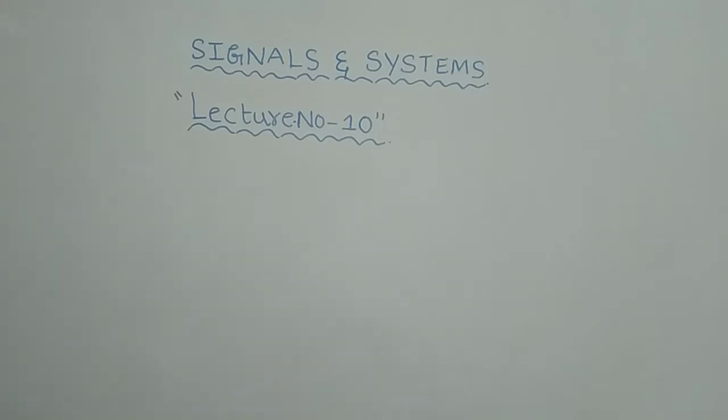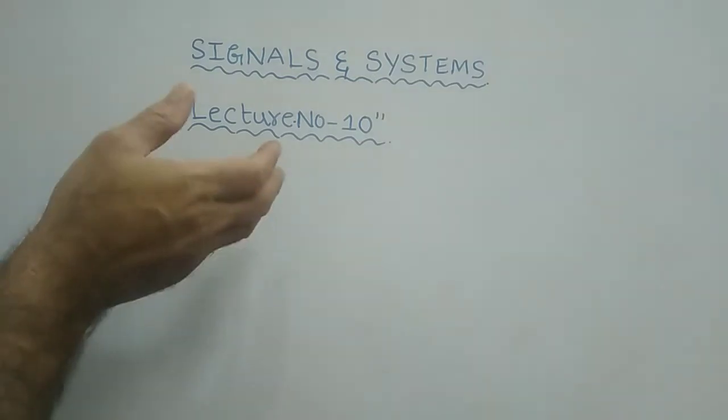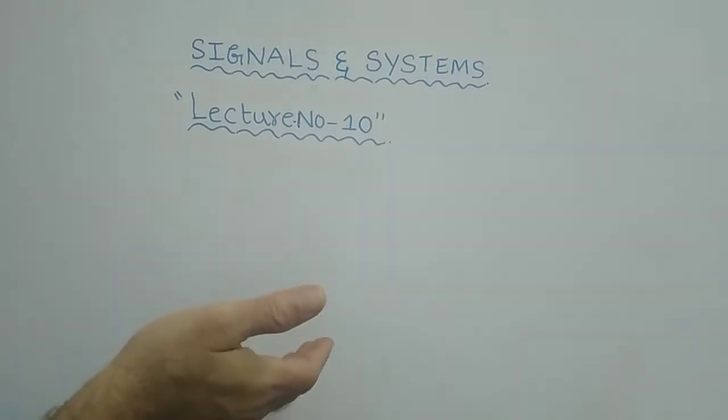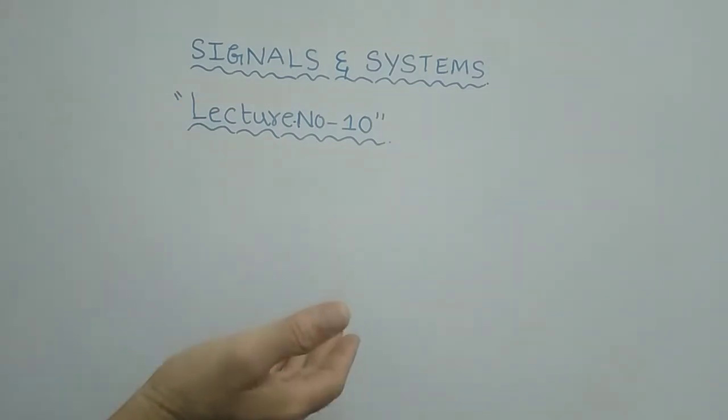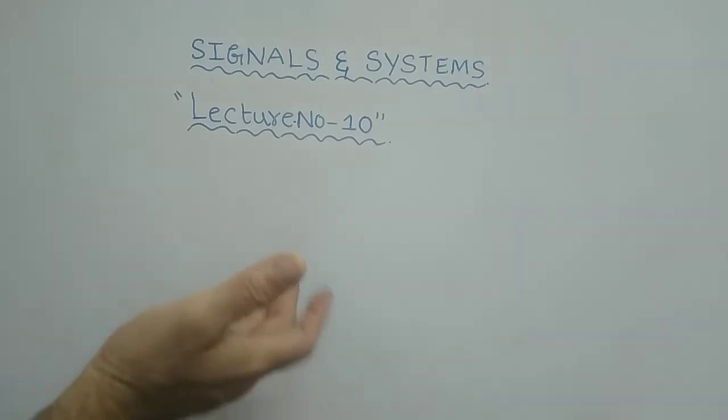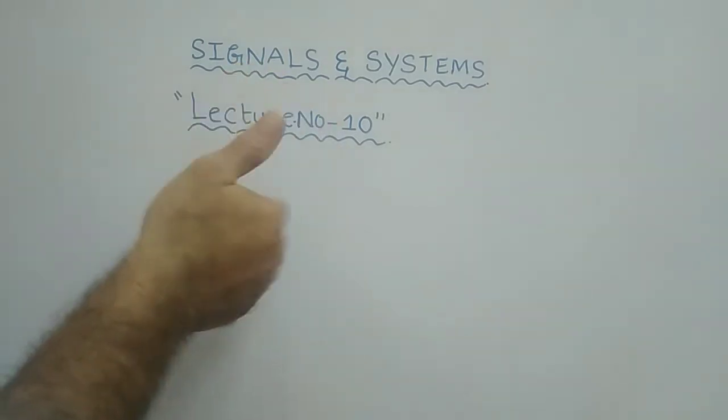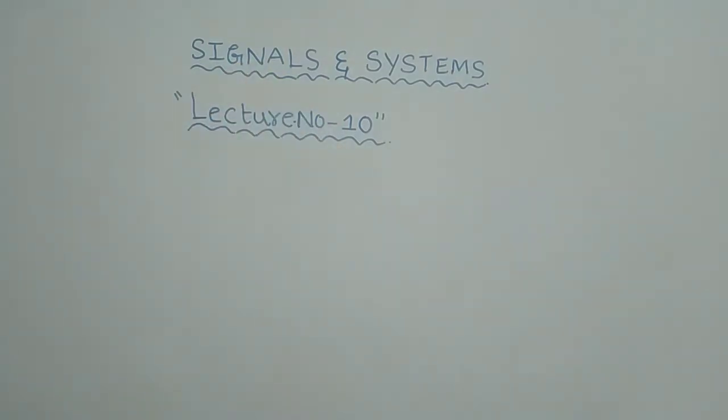You will be asked questions directly based on formulas, so you need to remember the important properties and definitions of the unit impulse function, which I already explained in the previous presentation. In this presentation I would like to solve a few examples.